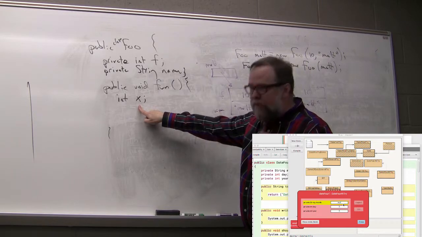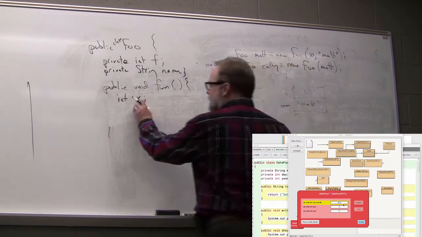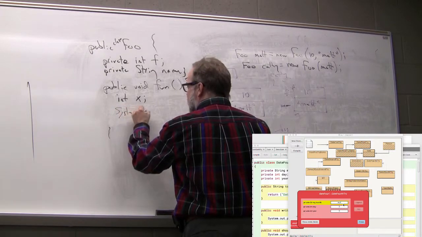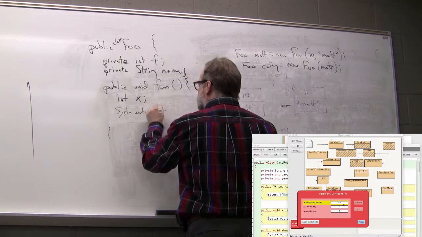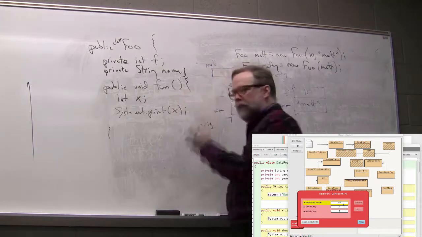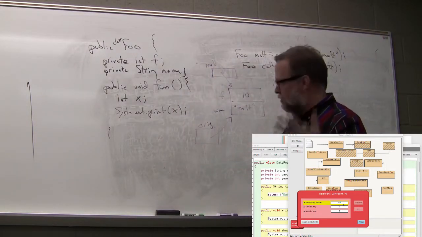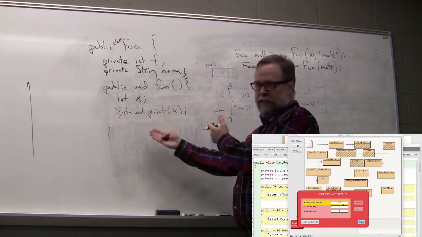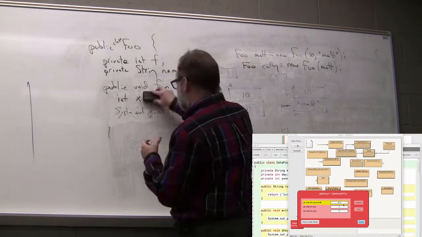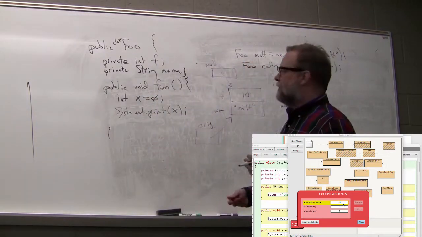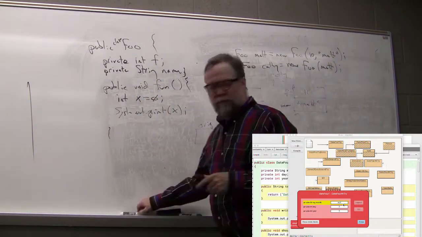It has no value at all yet. If I try to do something with it, like System.out.print x, you'll get a compiler error. It'll tell you you're trying to use an uninitialized variable. So not 0. If you want it to be 0, set it to 0. Now you're good to go.